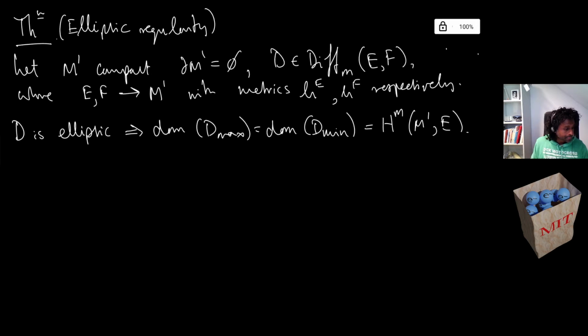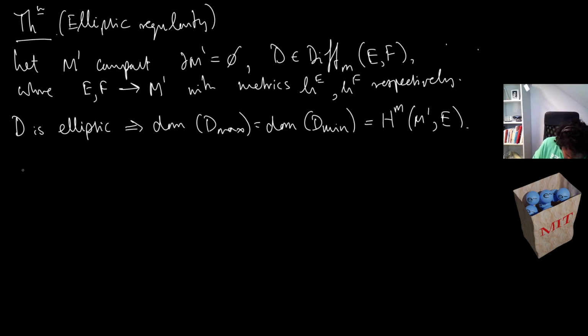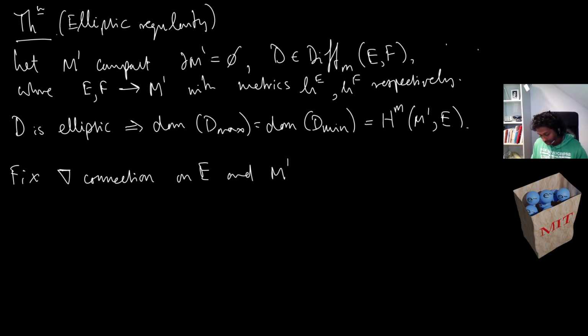All right. So now what do we do? Let's fix a connection. Fix a connection nabla on E, and say on M prime as well. Let's just denote both connections by the same symbol.